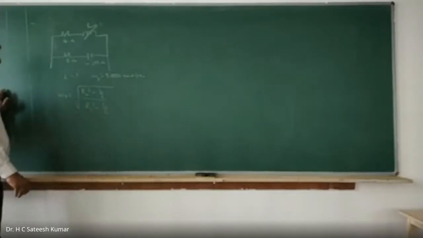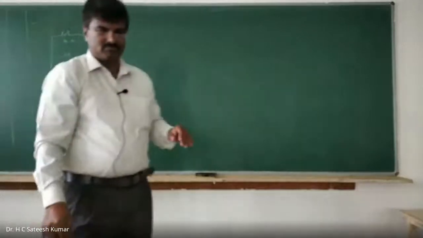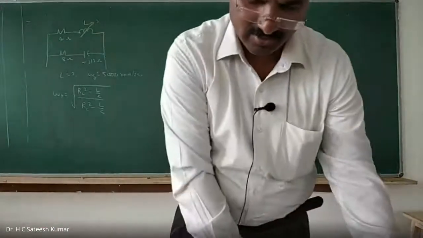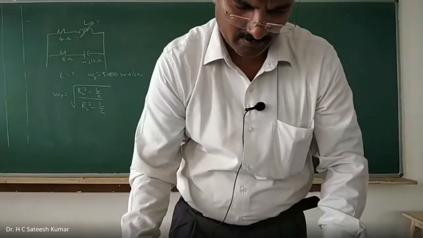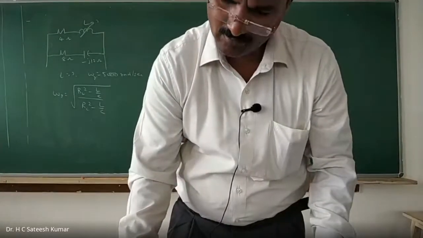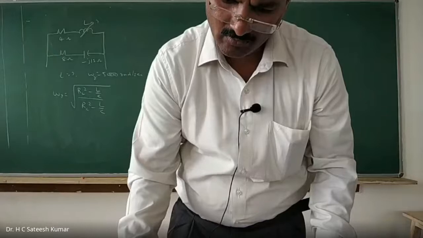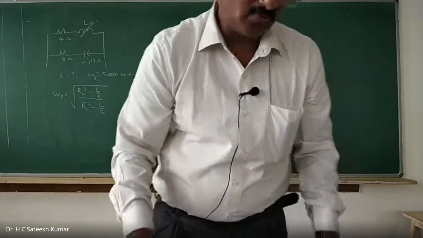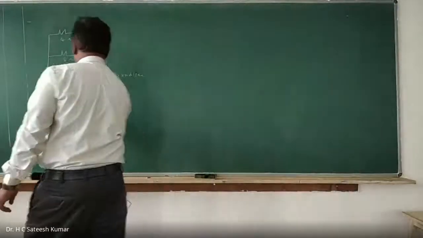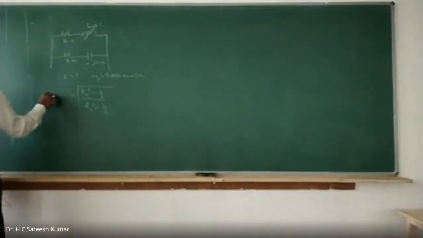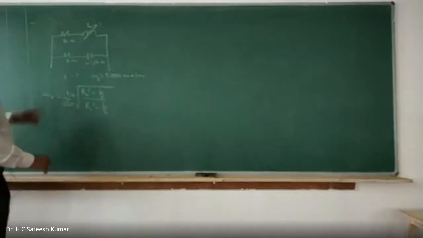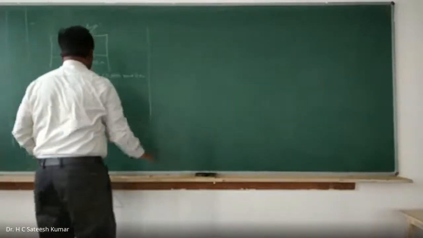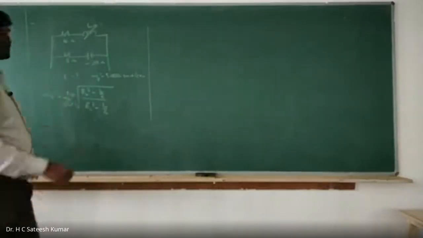We can use this formula, which we have derived. Or omega r is equal to 1 by root LC, which we can also use. It may become more complex. What we can do is calculate the impedances.